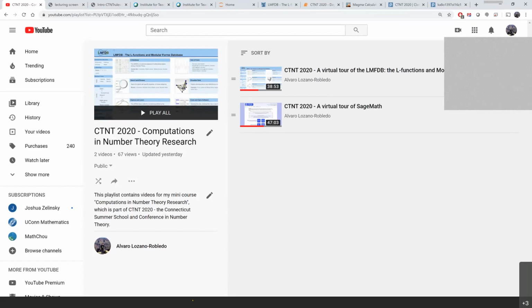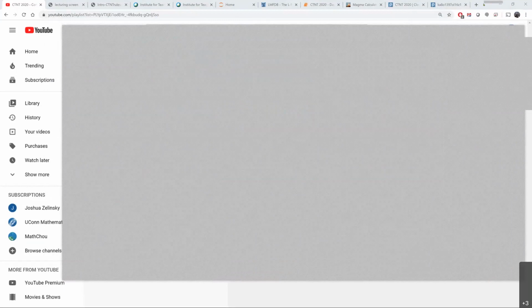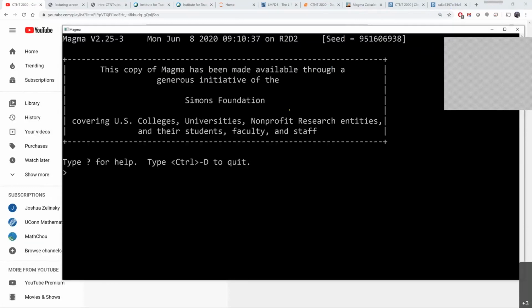So here is, by the way, my, oh, I don't know that I'm sharing this. Can you see a window with Magma? No, right? No. Right, okay, so how about now? Can you see Magma? Very good. Yes.